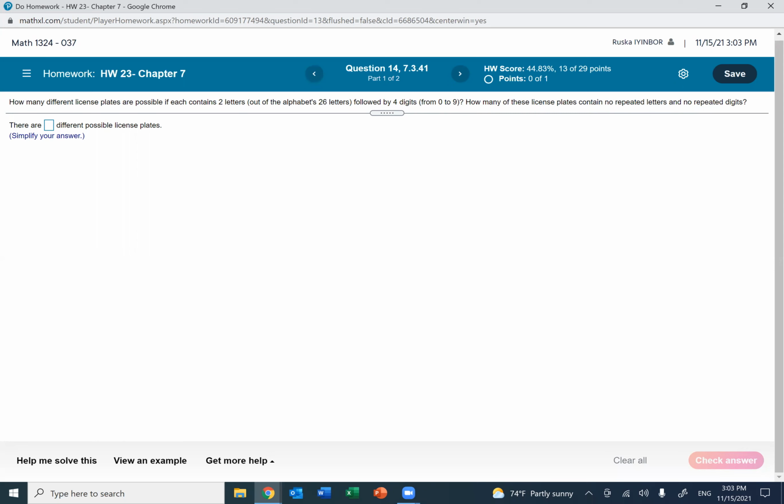We have 2 letters. How many letters are there? 26. And then you have 4 digits, so you also have a combination of the 4 digits, and you're picking out of 10 because there are 10 possible digits from 0 to 9.